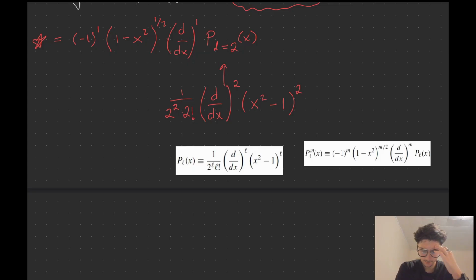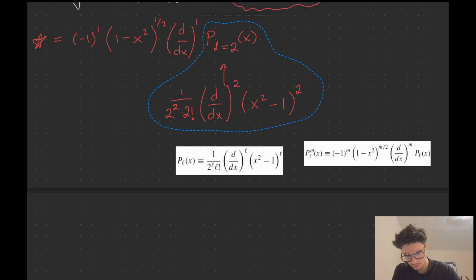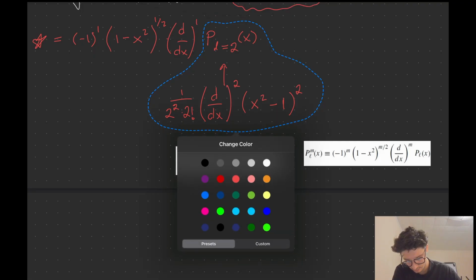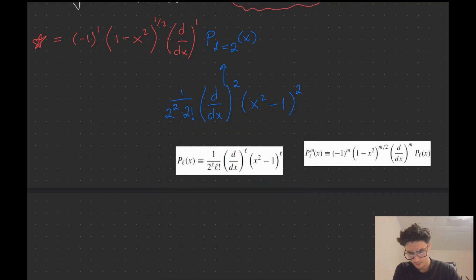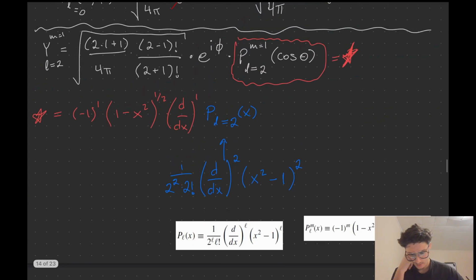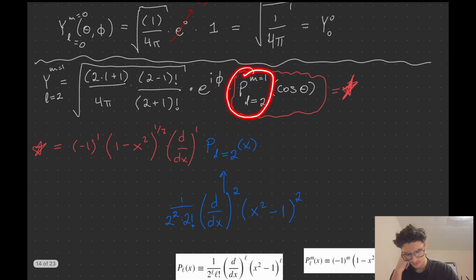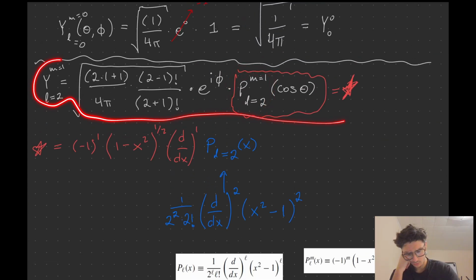Okay, you know what, guys? What I'm going to do is actually change this whole thing to a different color. Let's do this blue here. So what's happening here? Check it out. What we have to find is this thing. Once we find that thing, we find this whole function, which is going to look crazy, I'll be real with you.